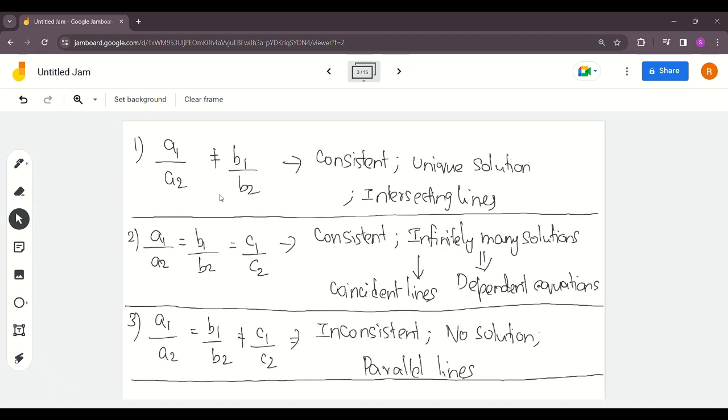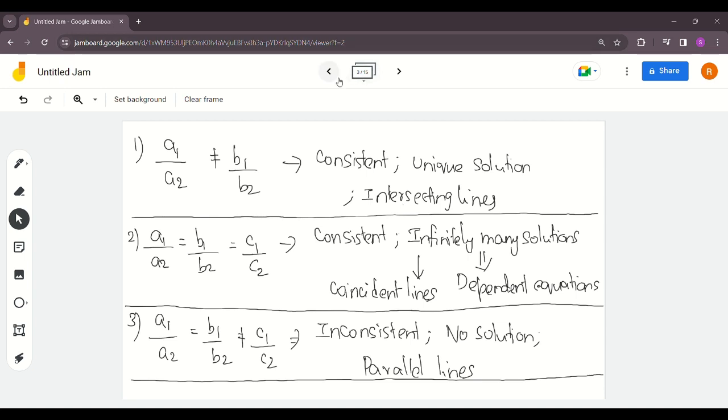If this first condition itself is satisfied, a1 by a2 not equal to b1 by b2, then you can tell that it is consistent and also has a unique solution, wherein you will be getting only one value of x and y. And if it is a unique solution, then it must be intersecting lines, because from your graph point of view, you will have only one value of x and y, which is nothing but the solution. So the lines should intersect.